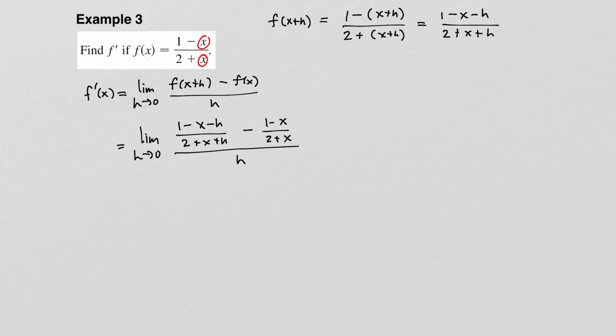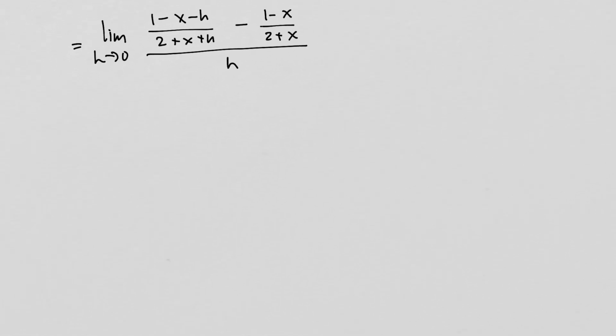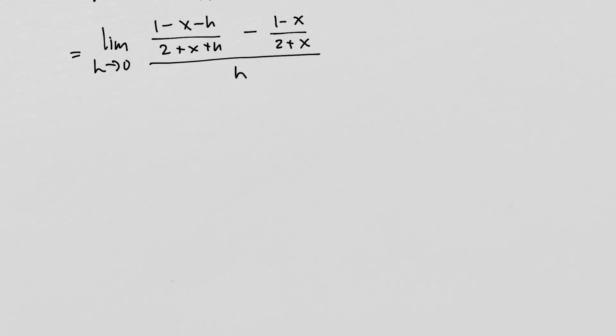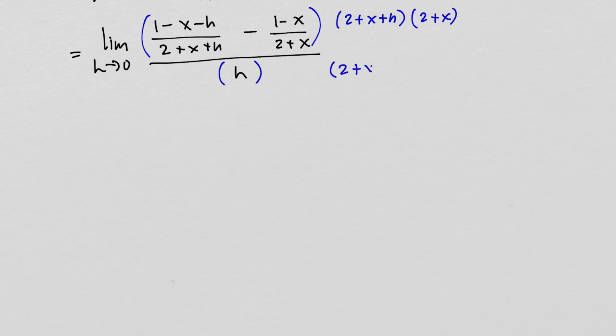Now, complex fractions can be kind of complicated, so the next step is very important. What you want to do here is multiply the numerator and the denominator by the least common denominator, which means both of these factors here. So we're going to multiply by 2 plus x plus h, and also 2 plus x to the top and to the bottom.